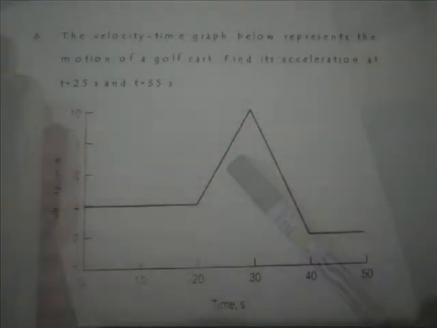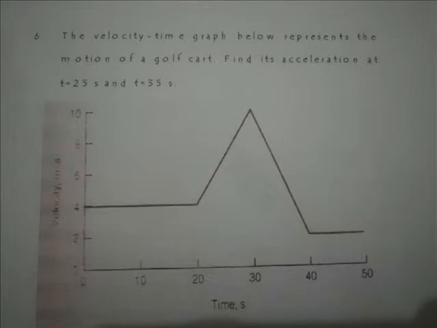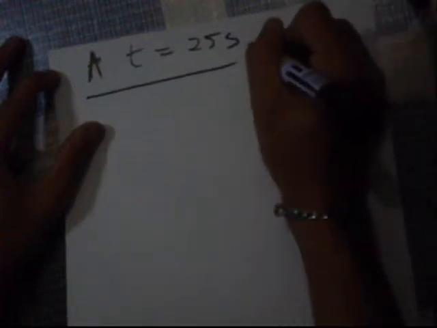So we're gonna look for two accelerations at a different given time. We're gonna find the acceleration wherein time is equal to 25 seconds. So we're gonna find for that.